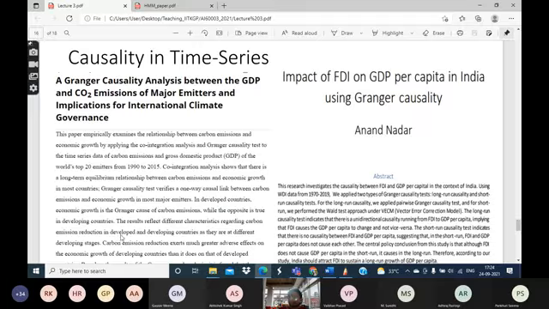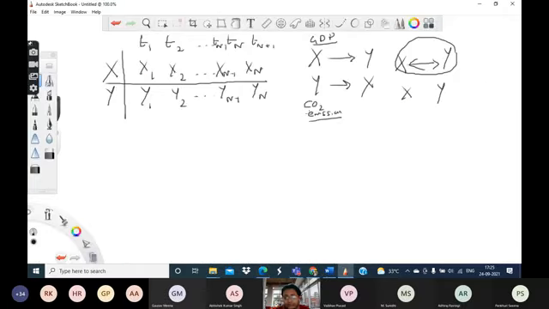But in the case of developing countries, like in the global south in general, including India, the opposite seems to be true. That is to say, it seems that y is the cause and x is the effect. That means the more the CO2 emission, the more their GDP development. Like I said, this is not counterintuitive.